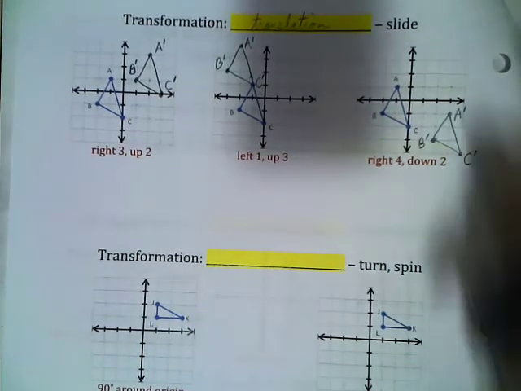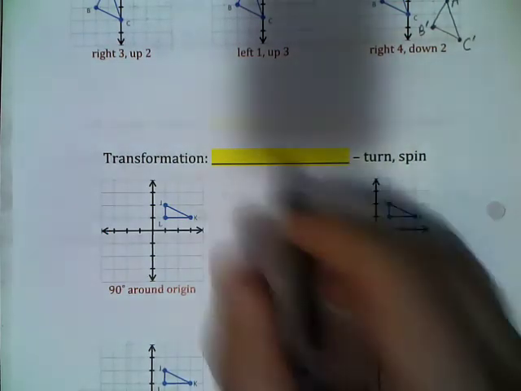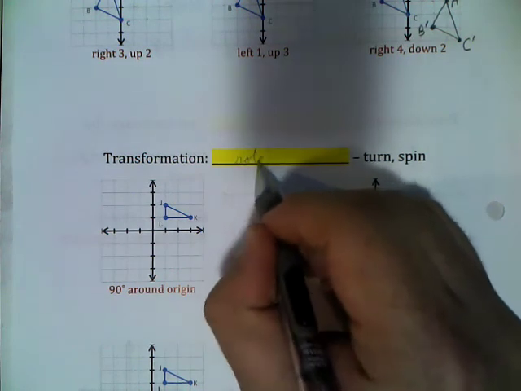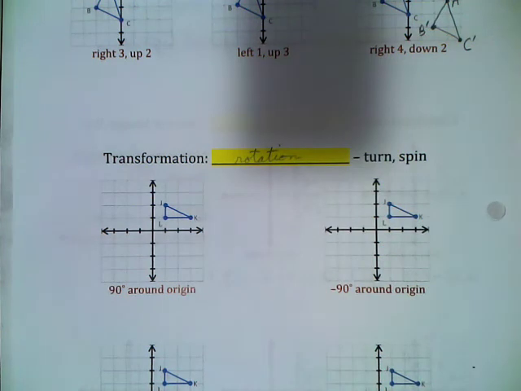So our last congruence transformation, commonly referred to as a turn or spin, is officially a rotation.